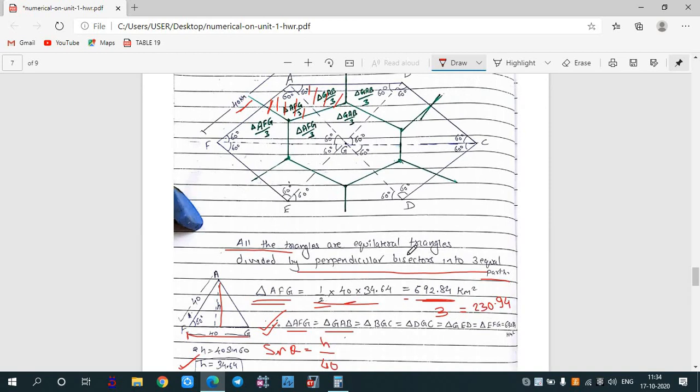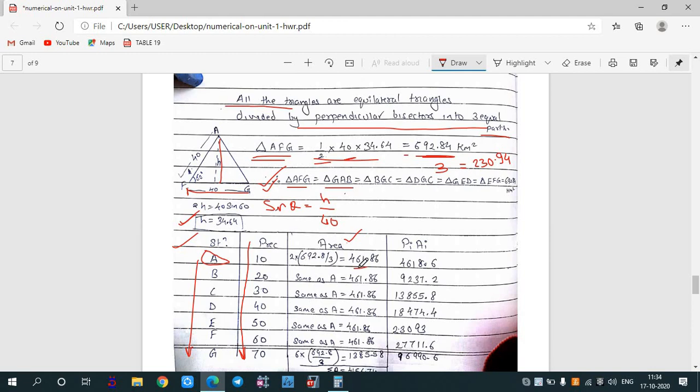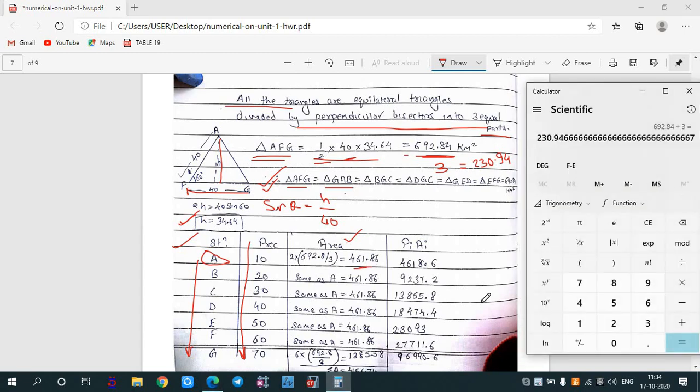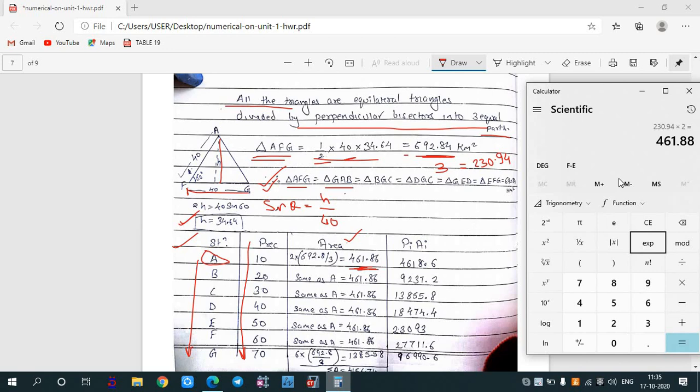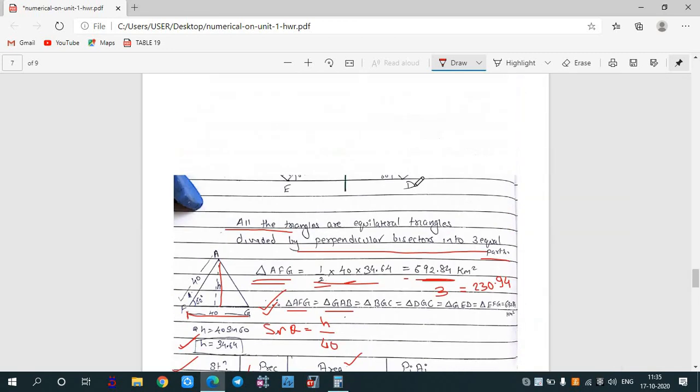We need to multiply it by 2, which will give you the area coming under station A. So 230.94 into 2 gives you 461.86. This is the area which is coming under station A. Similarly, now we will see what is coming in station B.